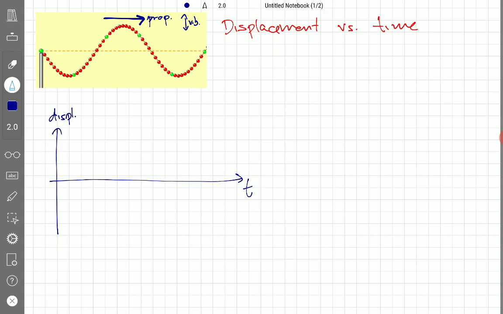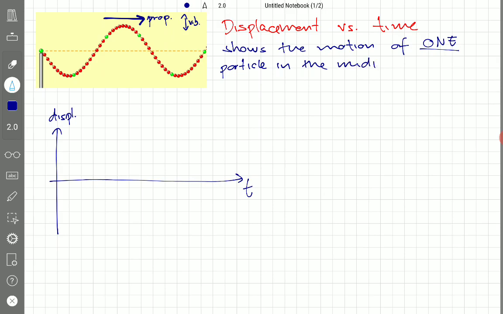Now, what exactly are you representing? This displacement versus time graph shows you the motion of one and only one particle in the medium as time passes, right?